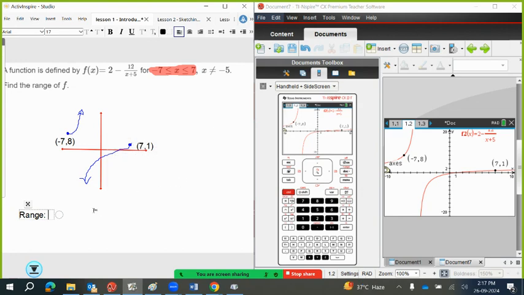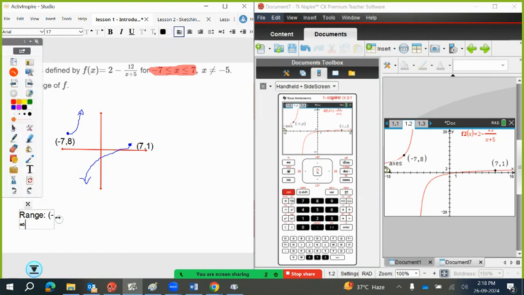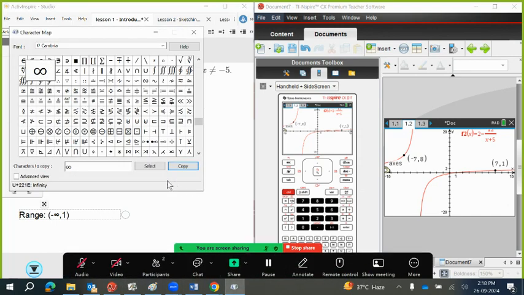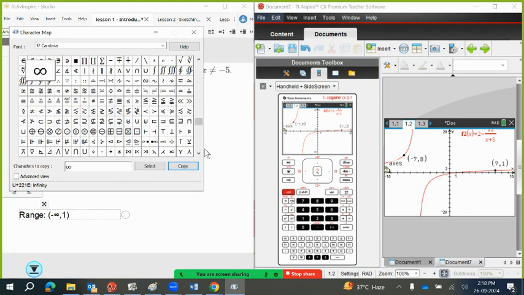All right, let's have a look at our answer. So we need to go from negative infinity up to, well, the largest value is there on the right, up to 1. Then we're going to need the union symbol.